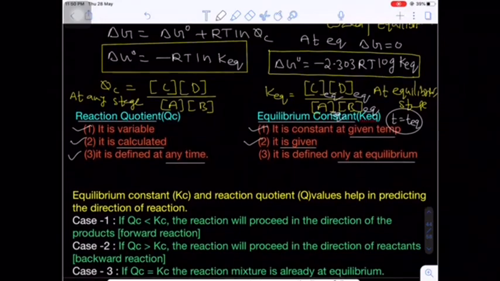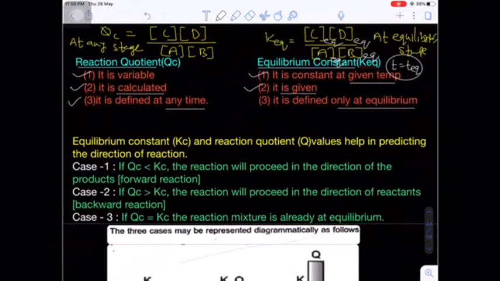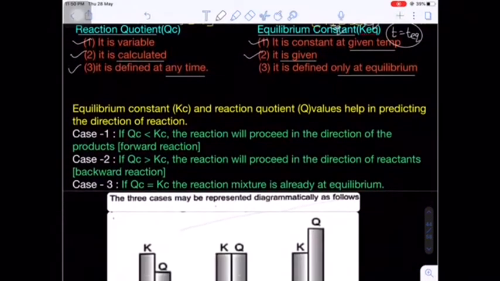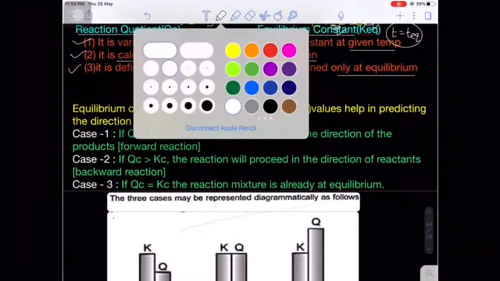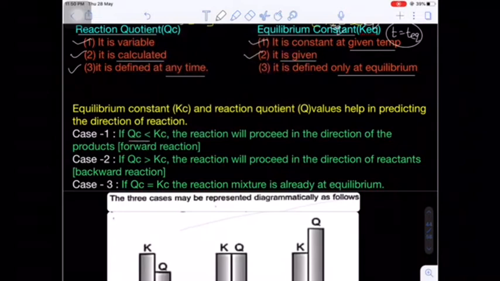Now here, depending upon the equilibrium constant Kc and the reaction quotient Qc, we can predict the direction of the reaction. Number 1, if the Qc value is less than Kc, that means Qc is small and Kc is high, then the equilibrium shifts in the forward direction, that is towards product formation.